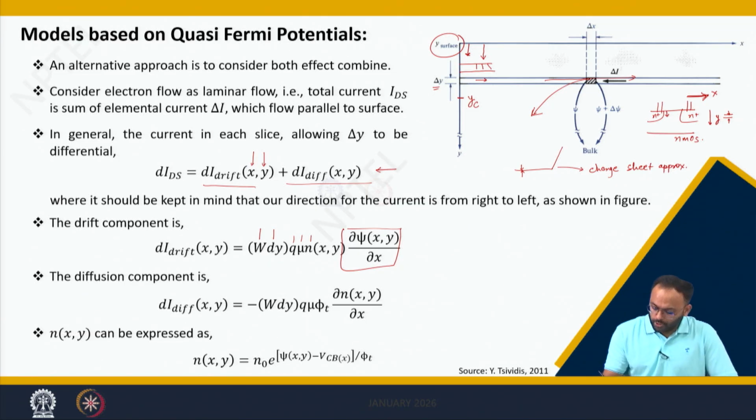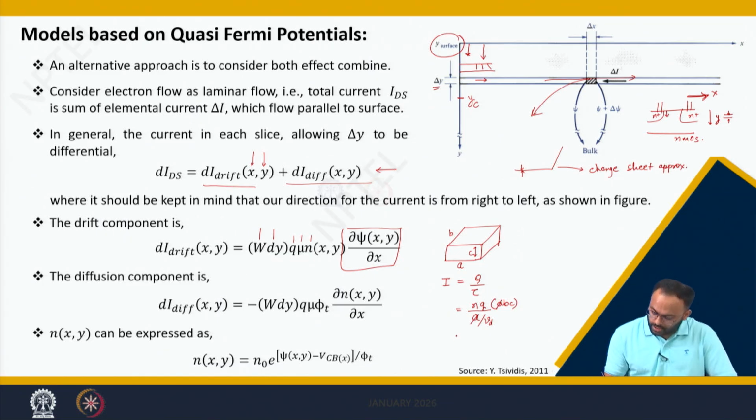Again, to give you clarity, we discussed this drift part earlier in module number 1, where we said that suppose we have a cuboid with dimensions b, a, and height c, then the current can be given as Q by tau, where tau is the transit time, given by the distance a divided by Vd, and the total charge was given as n into q into volume.